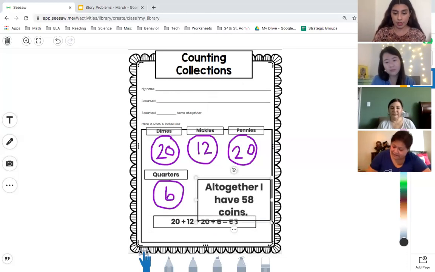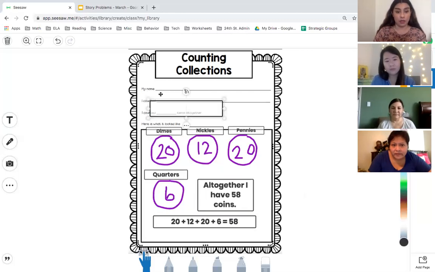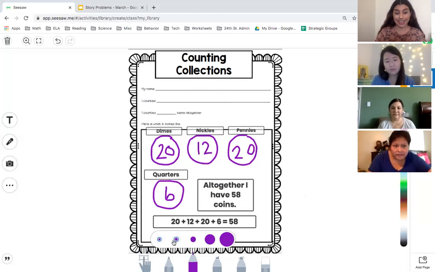Okay. And then I can put the sentence either here or on the bottom. And then I want to make sure I write my name, what I counted, and how many items I have all together. Oh, wrong one. Delete. Use my pen. And you can actually change the size of your pen if you want it to be thicker or smaller. And I like to use a smaller one so that it's not as messy and thick all over my paper.